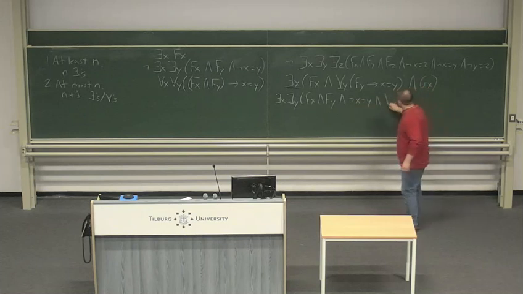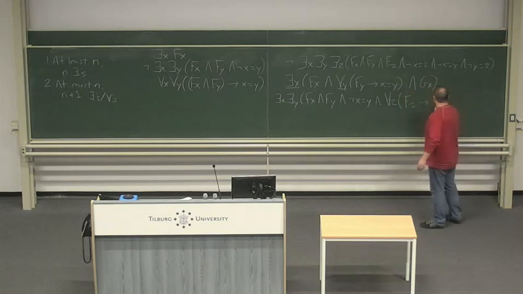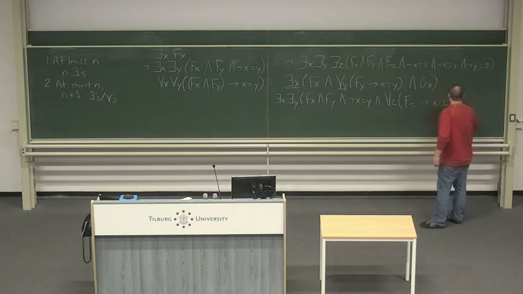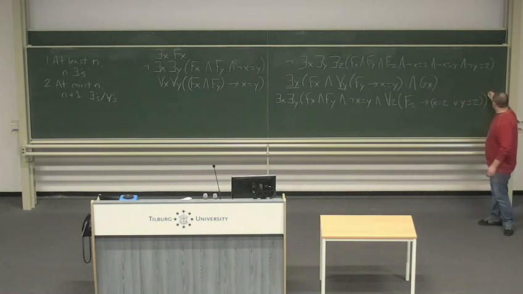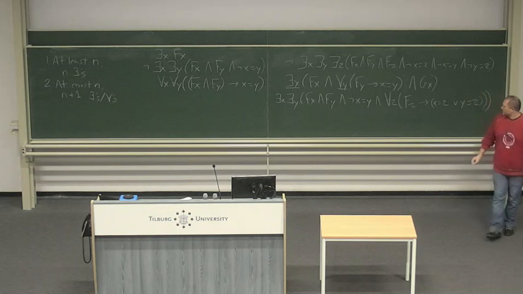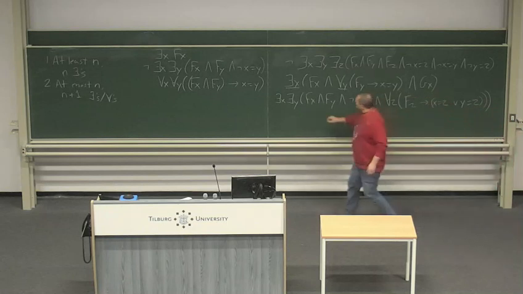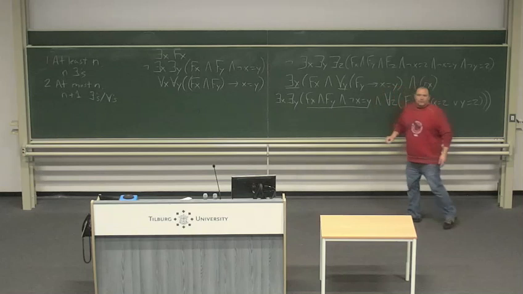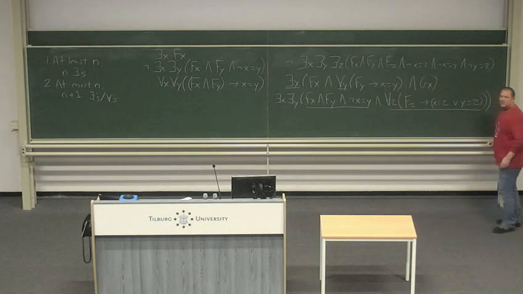So we can put it this way. For all z, if z is an F, then either z is x or z is y. Let's go through the clauses because it looks scary, but it's not. This tells us there's at least 2, and this tells us there's at most 2.